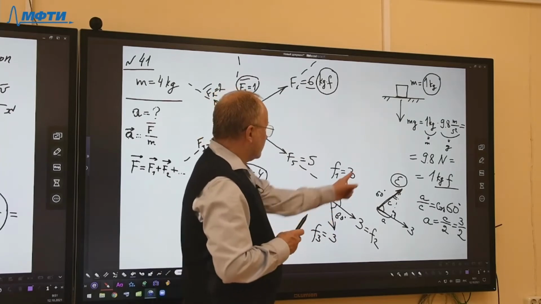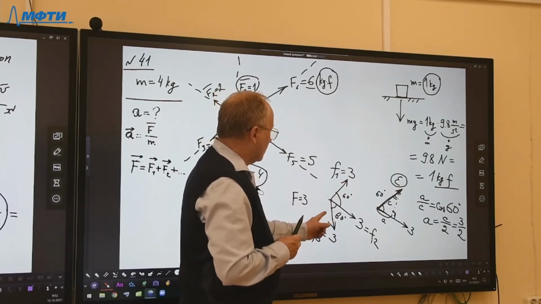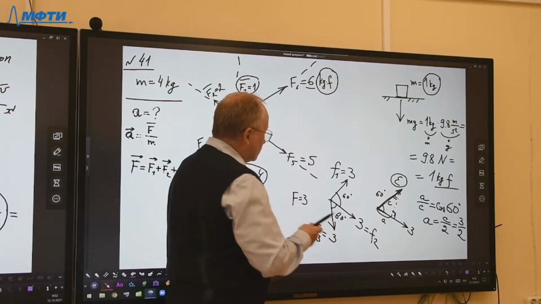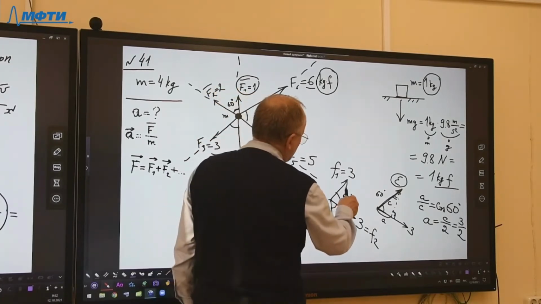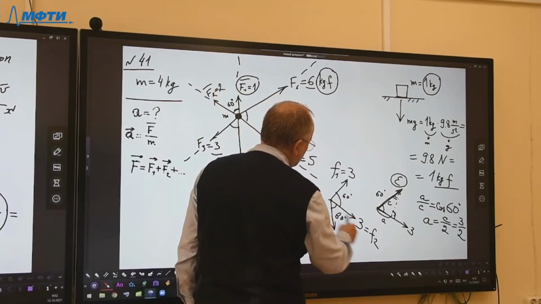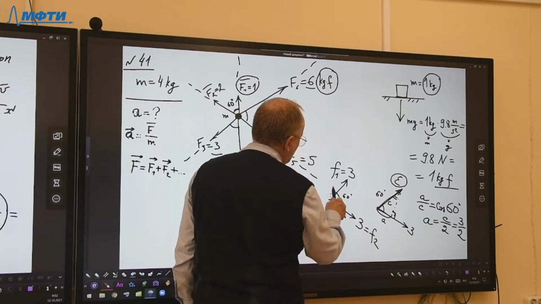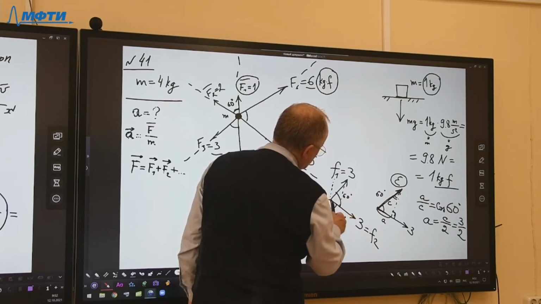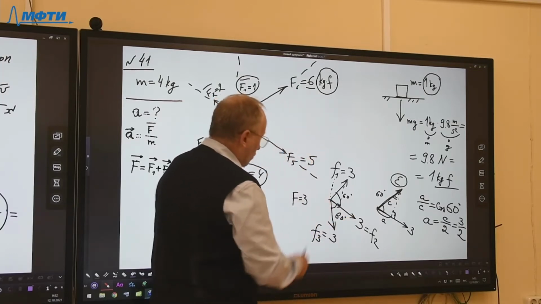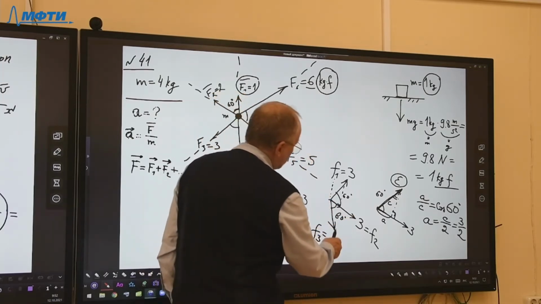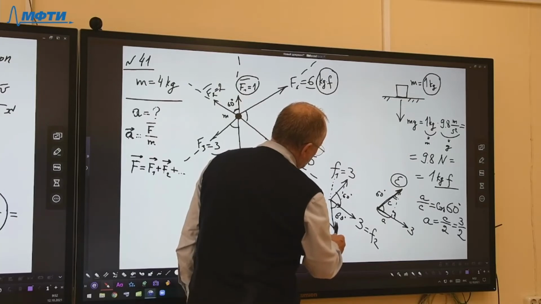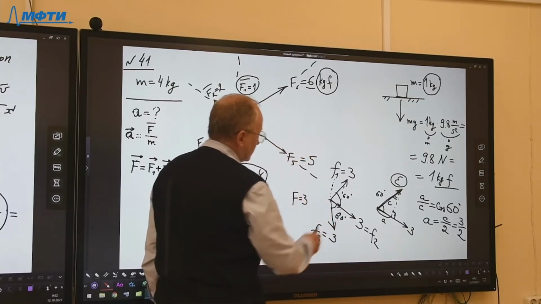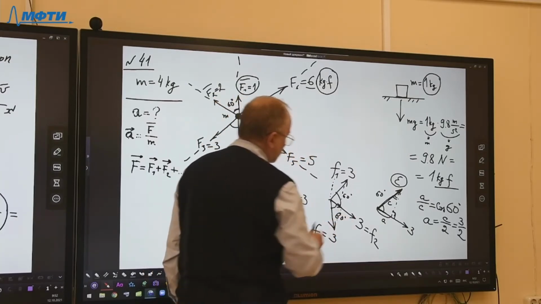So force 1 will have 2 different components: one component perpendicular to force 2, and another component parallel to force 2. Also, force 3 will have 2 components, one perpendicular to force 2 and another parallel to force 2.